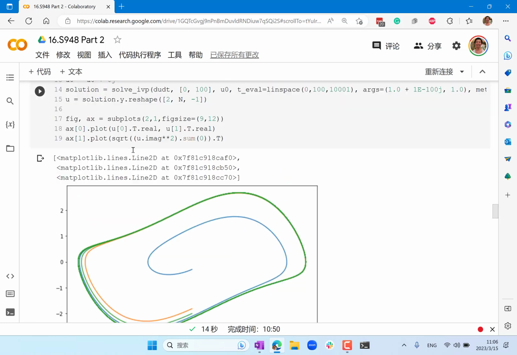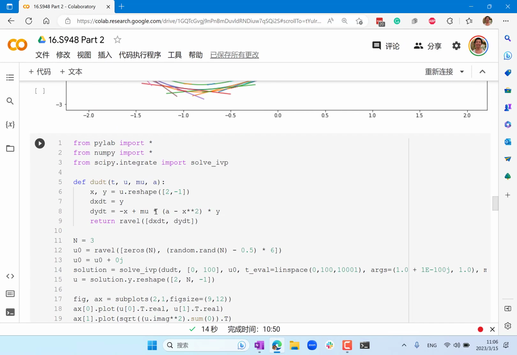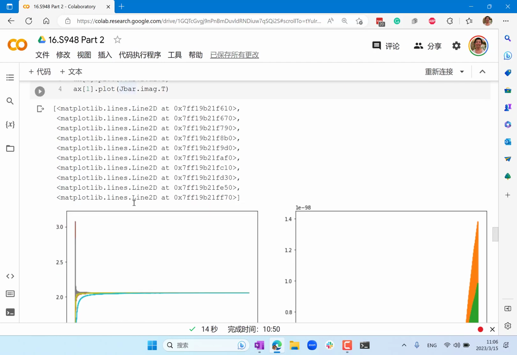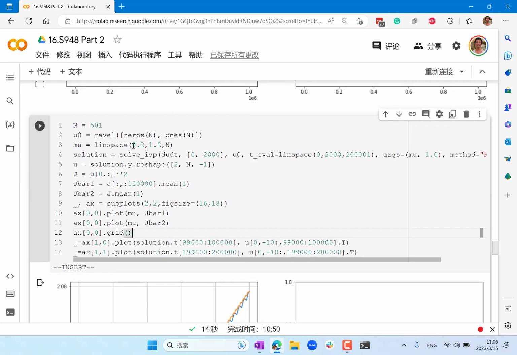If you look at the definition of the system, when mu is equal to 0, we have the simple linear harmonic oscillator, which could be oscillating at any magnitude, right? So to avoid a singularity problem in the parameter dependence, I changed the notebook so that we would be looking at a region from 0.2 to 1.2 instead of from 0 to 1.